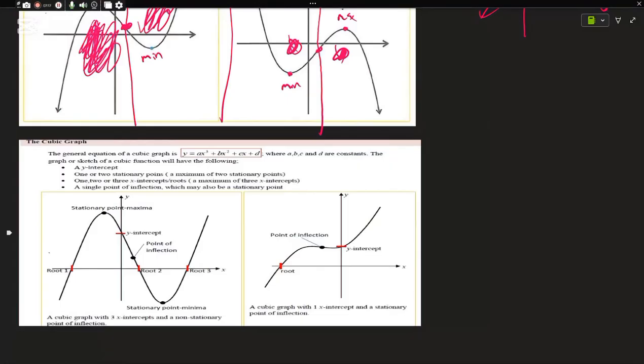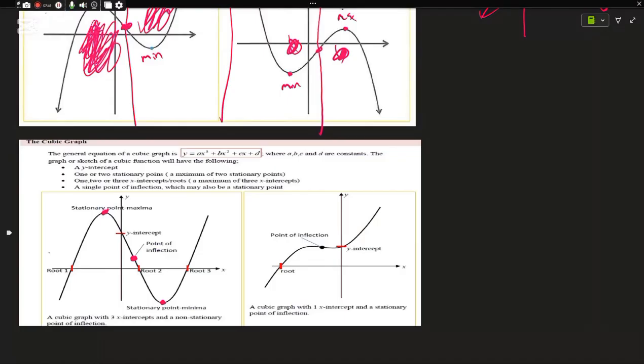So the point where the concavity of the graph changes is what we call the point of inflection. As you can see here, it's indicated. And the turning points are what we call the stationary points, right?